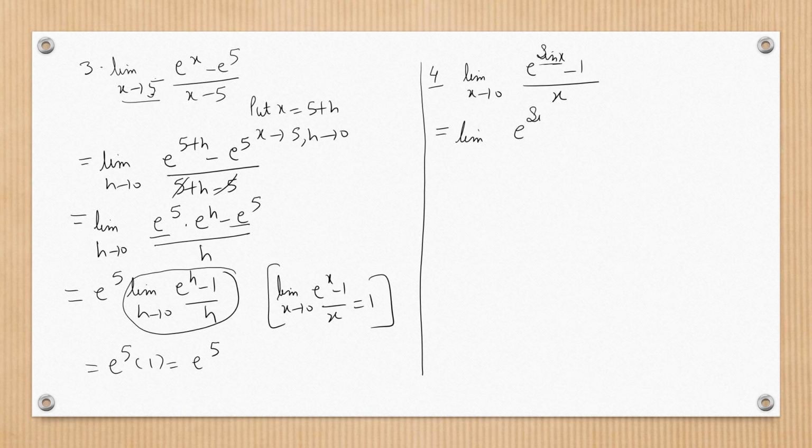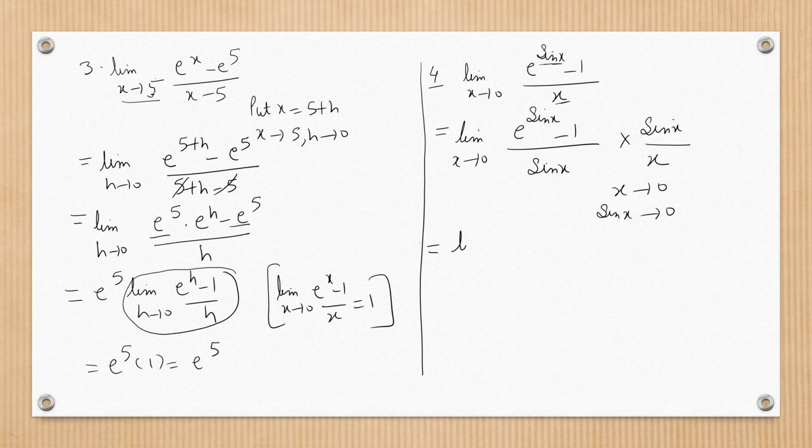So here sine x is there. So I will divide and multiply by sine x. And this x which was previously there, I don't need it with e raised to power x minus 1, so I will adjust it with the other sine which I used for multiplying. Now how will the limit be adjusted? As x approaches 0, and you know sine of 0 is 0, so sine x also approaches 0.